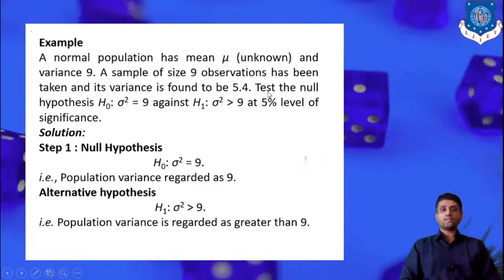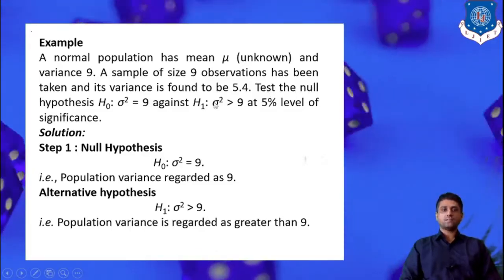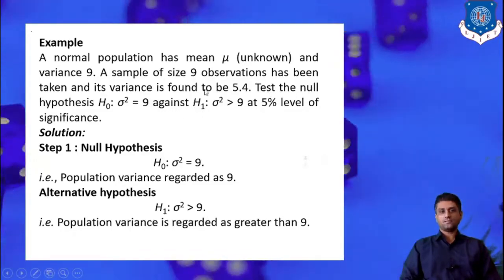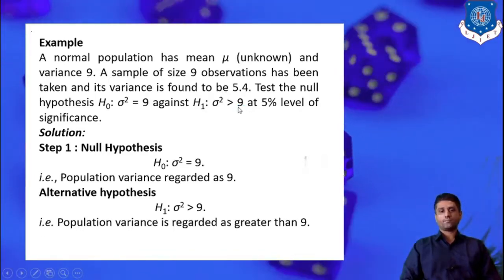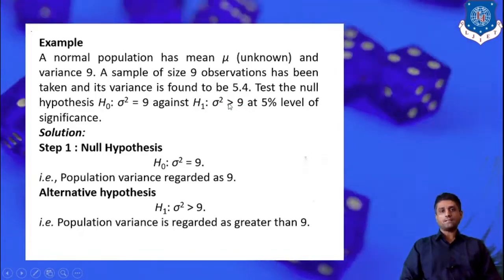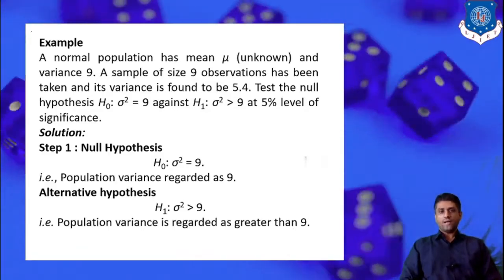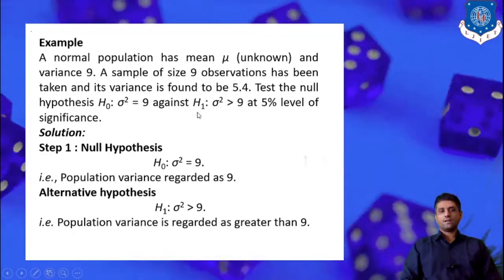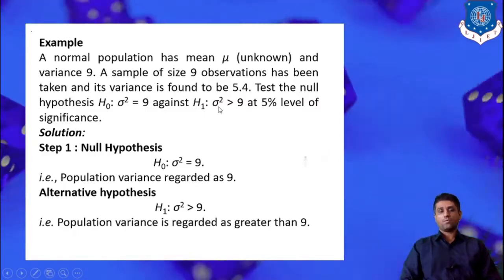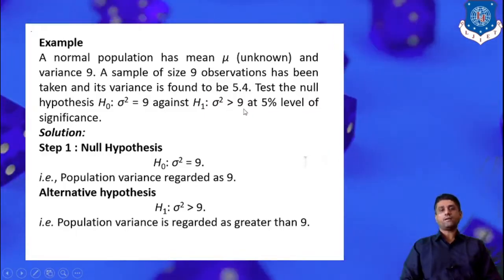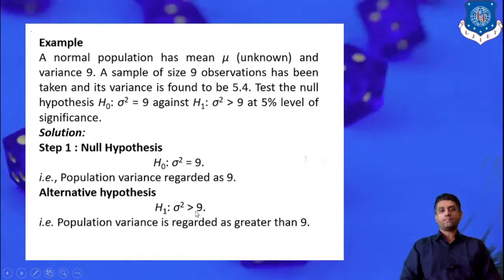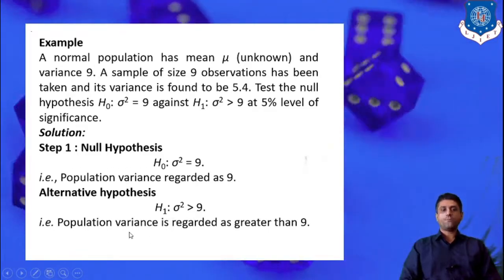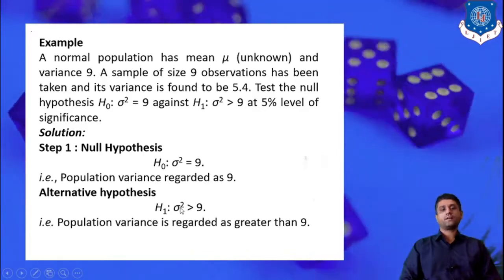The definition itself says to test the null hypothesis against this one-sided right alternative hypothesis. That's why we consider the one-sided right tail test, where the population variance is regarded as greater than 9.